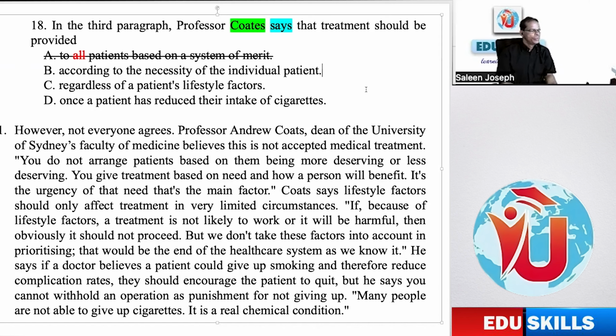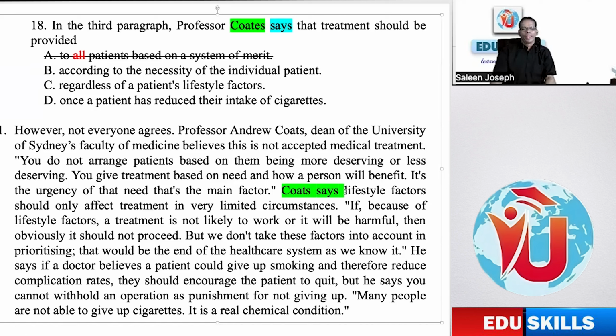Now here, what you have to do? Court says. Do you find Court says somewhere? Yeah, Court says lifestyle. So if you have that expression, immediately you can zoom into that area.